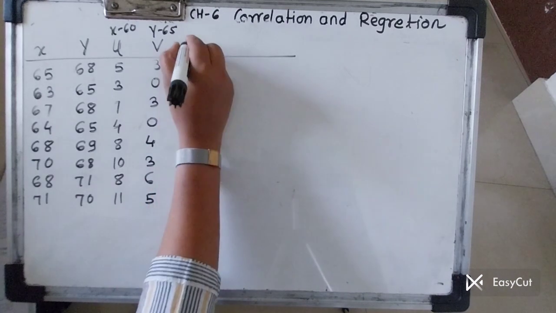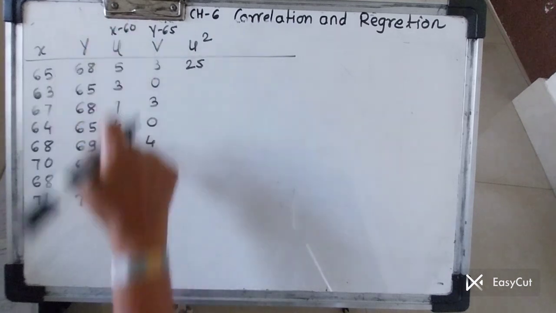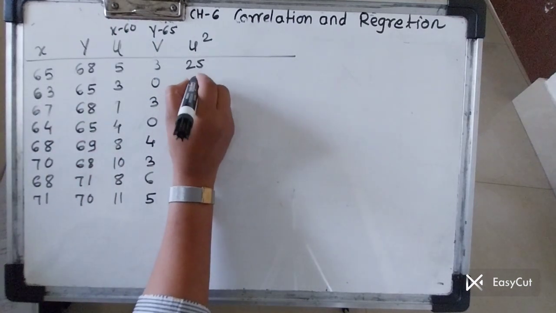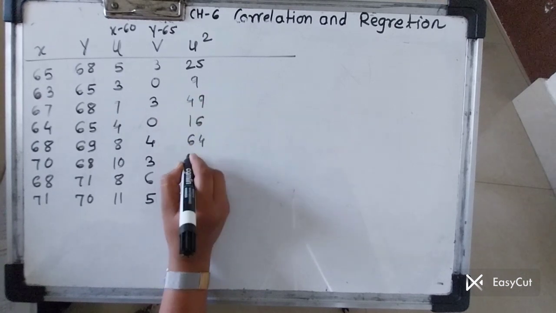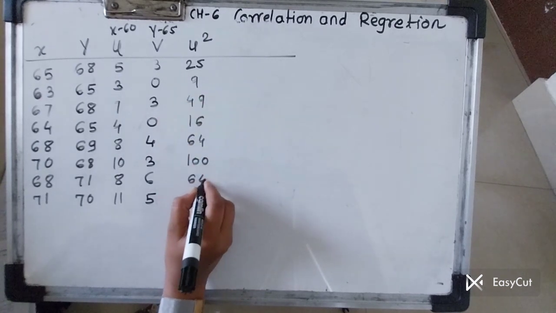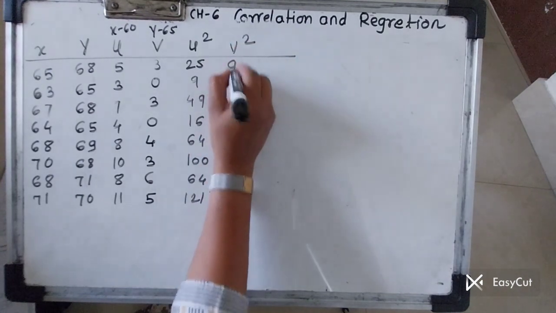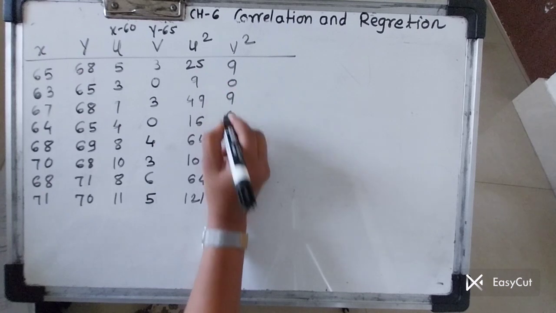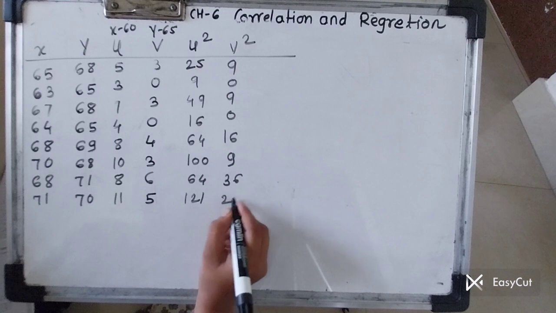Now u square is 25, the square of this column: 25, 9, 49, 16, 64, 100, 64 and 121. V square is 9, 0, 9, 0, 16, 9, 36 and 25.